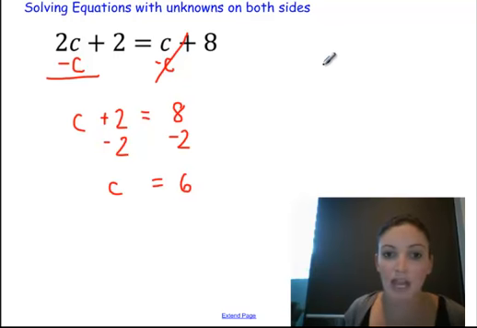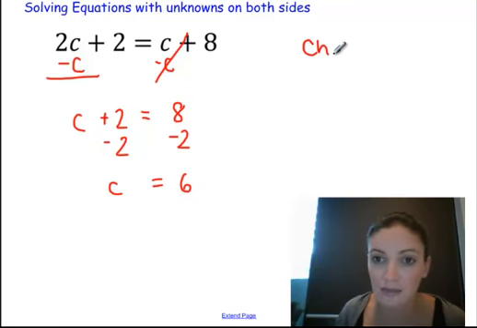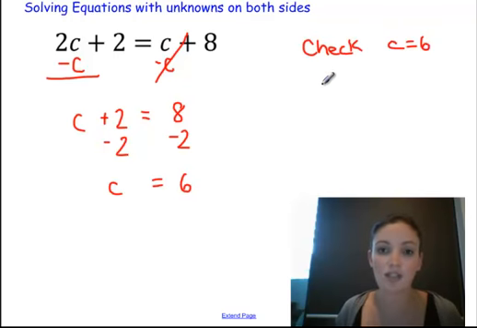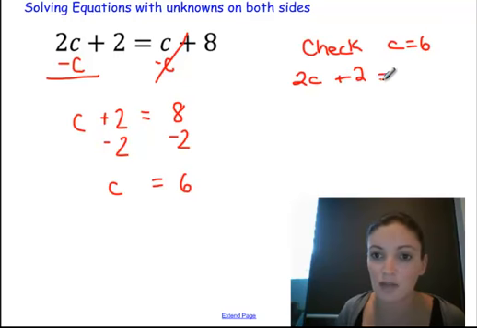Okay? And we can check by substituting c = 6 into our equation. So 2c + 2 = c + 8. If c is equal to 6, I'm going to substitute 6 in every time I see a c.